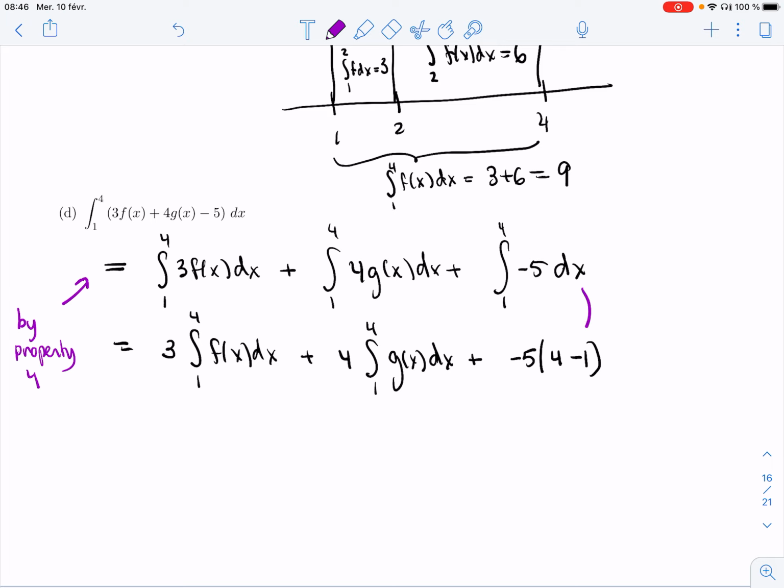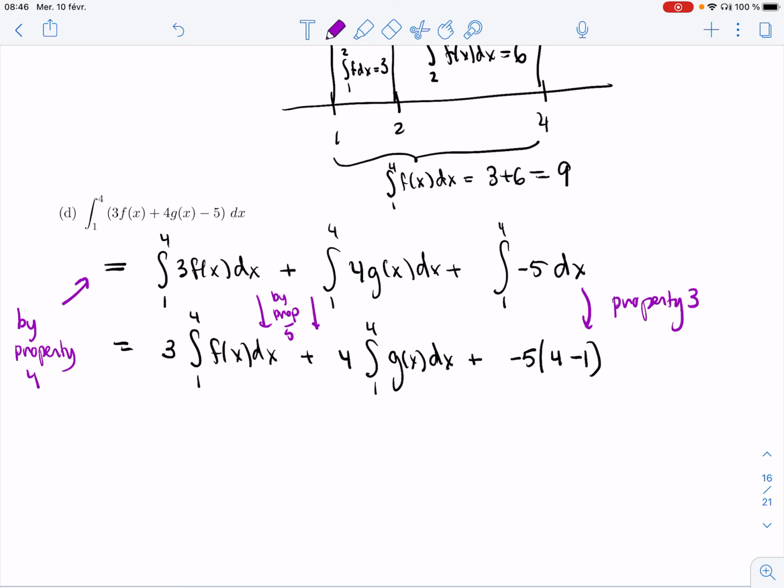So this one is property 5, the one that tells you how to find the area of a rectangle. And then here I have by property the constant that was, oh, sorry, that was 5. Sorry, wrong constant here. This one is 3. All right, so the rectangle is 3. The constant coming out is 5.